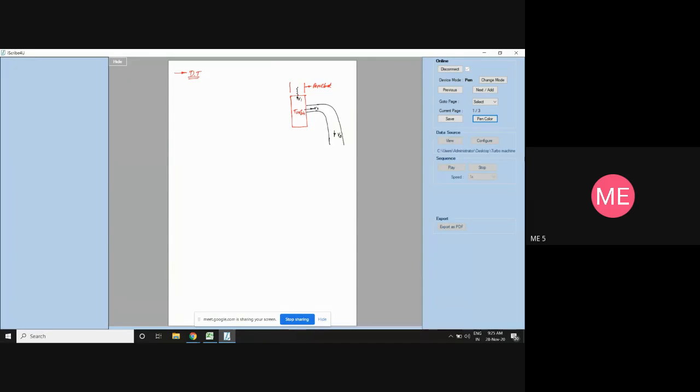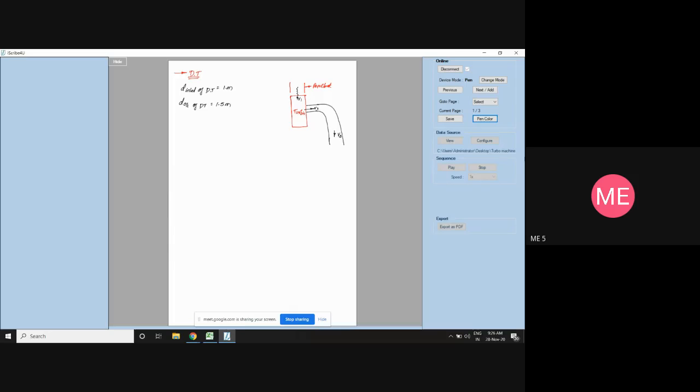Now we'll read the question. A conical draft tube having inlet and outlet diameters: the diameter at the inlet of the draft tube is equal to 1 meter, and the diameter at the outlet of the draft tube is 1.5 meters.